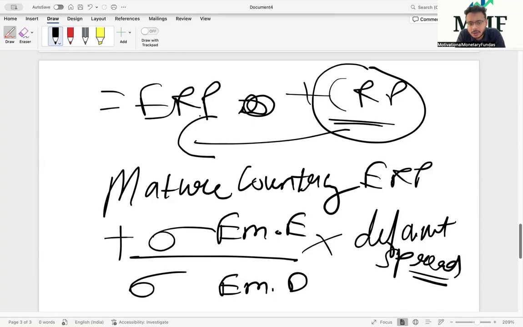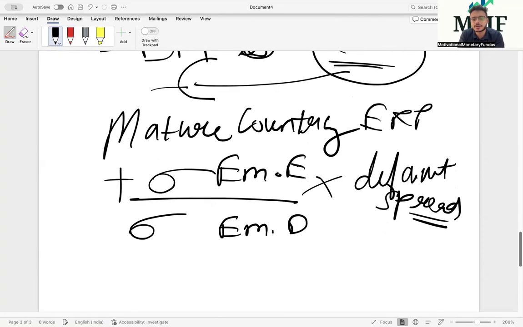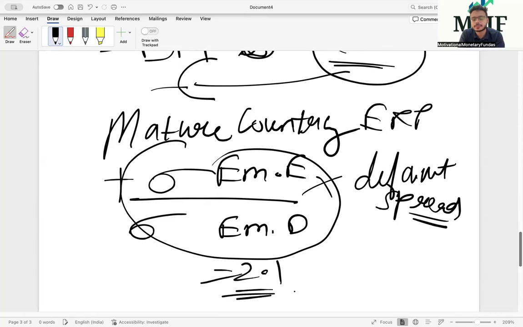And once you calculate that, you add it to ERP. This number, as of now, is 2.1. And the default spread of India is approximately around 2.2, 2.3.